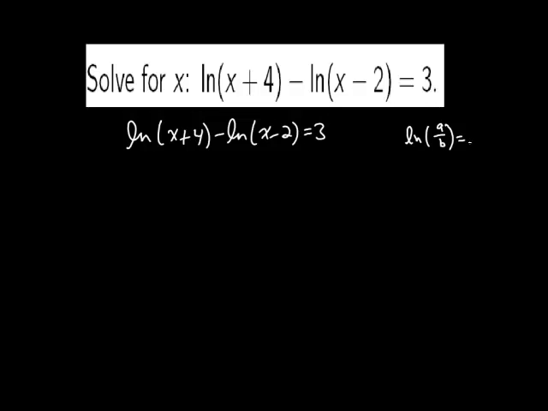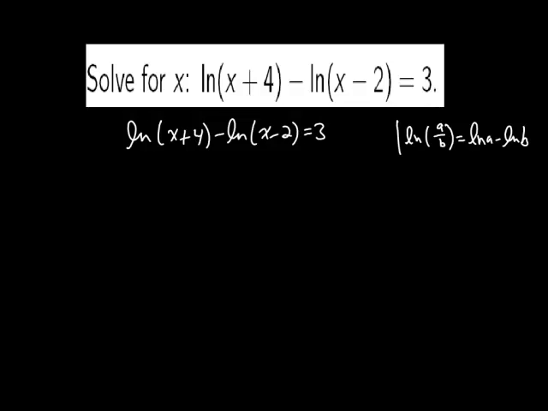Example number 3. Let's solve for x. So we have ln of x plus 4 minus ln of x minus 2 equals 3. Now over here on the side, we know that the ln of a over b equals the ln of a minus ln of b.